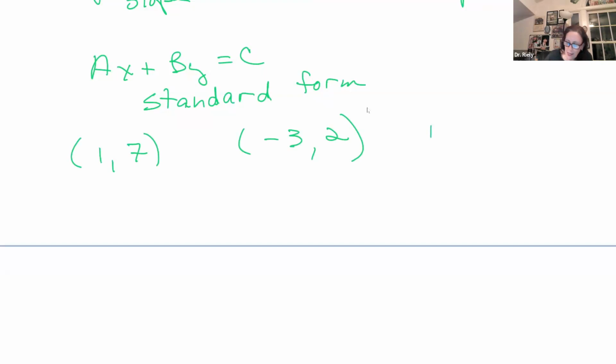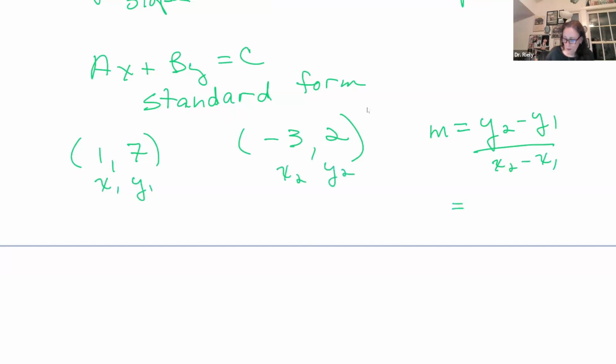So you're going to say, okay, I have to get the slope, and the slope is y2 minus y1 over x2 minus x1. So it's a good idea to label your points if you find this at all confusing.